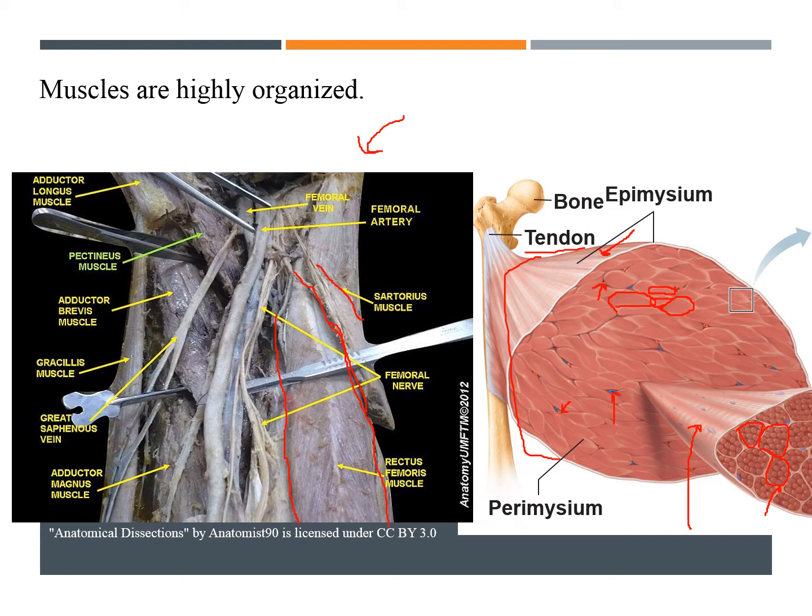Or maybe you saw the gracilis over here. Each muscle is distinct from the ones around it because of the epimysium. In this image, you can kind of see the epimysium because it gives a whitish sheen to each of the muscles. In this area, you can also see that we have a femoral nerve.